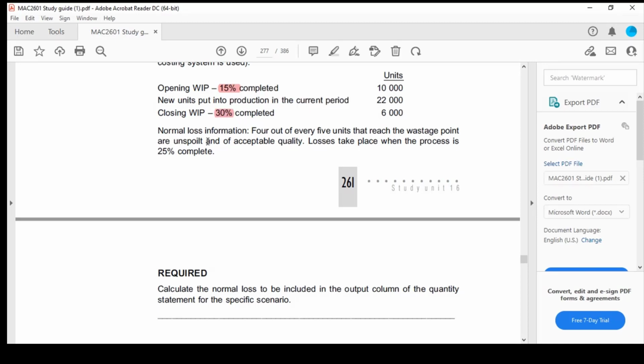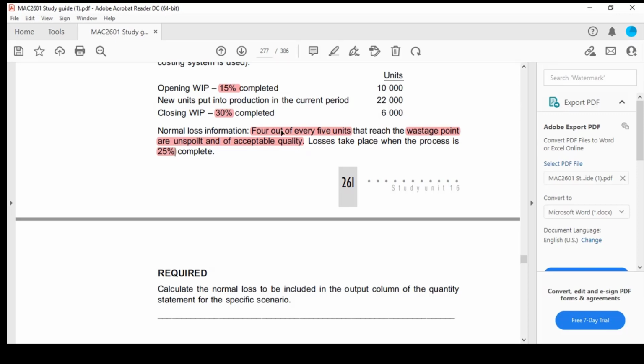The normal loss information you are given here is saying 4 out of 5 units that reach the wastage point are unspoiled and acceptable for quality. 4 out of every 5. Loss takes place when the process is 25% complete.